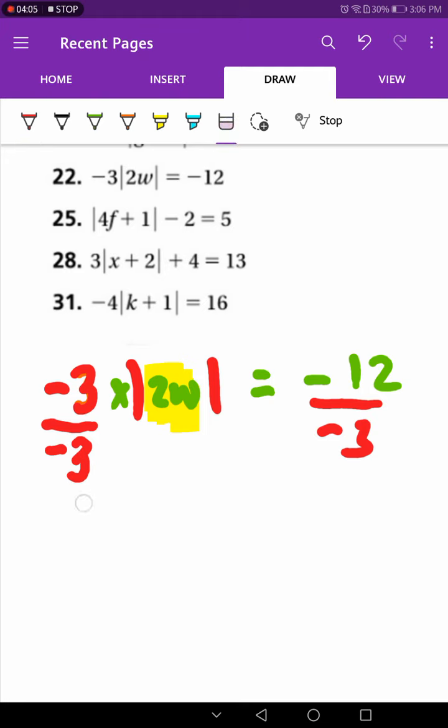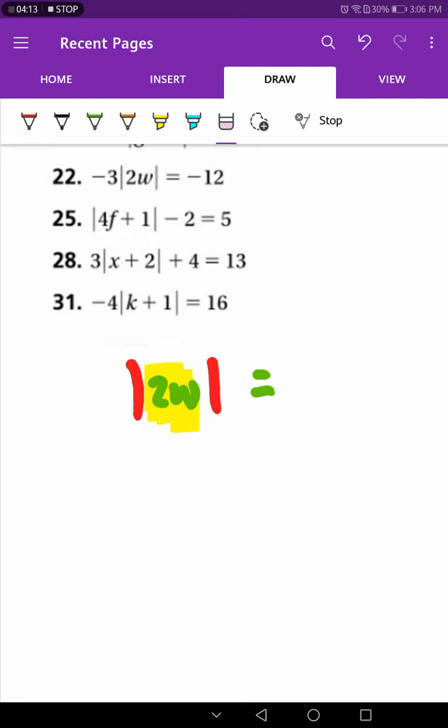So this is eliminated, and this will be 4. Yes, it will be positive. Now I can break the absolute value.